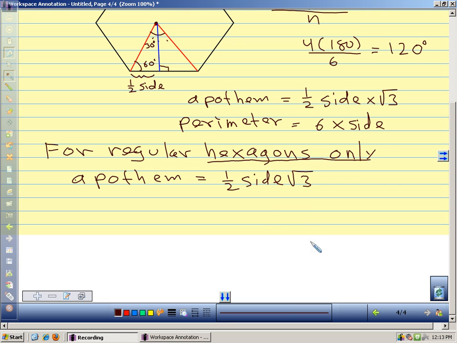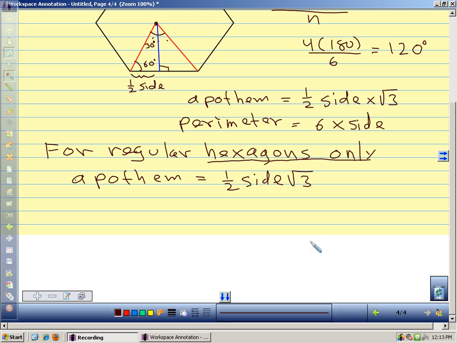So all we need to know to find the area of a regular hexagon is the side length. From that we can figure out the apothem, and we can figure out the perimeter just by adding up all the sides, and we can find the area. So for regular hexagons only, all we need to find the area is the side length. Any questions?